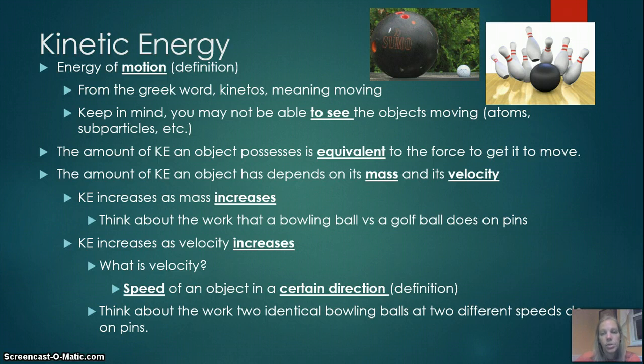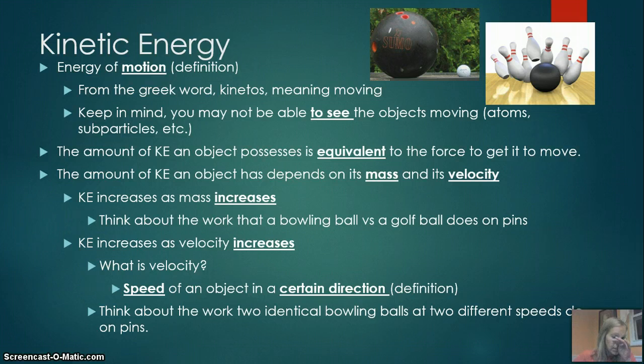And if we were to push those along a track towards pins, we have to think about which one would do more work on the pins if they were going at the same speed. So we have two different masses, but we have them going at the same speed or velocity. And I think we all know that the bowling ball would do more damage to the pins as far as getting them to move over a distance.